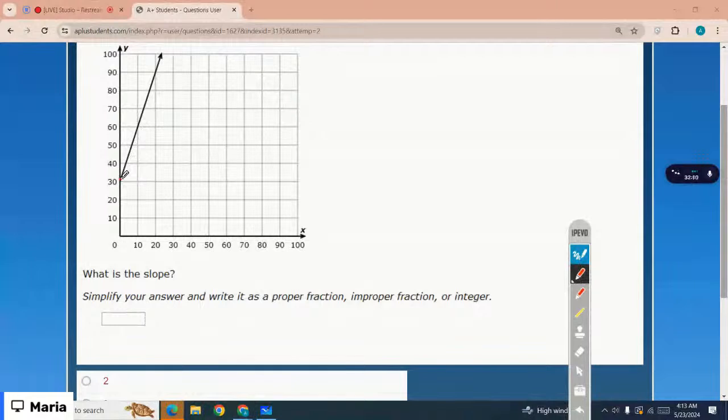Select any 2 points on the graph, this one and this one, right? Make a triangle of these points like this, right? So this is change in y, 1, 2, 3, 3 units, and this is change in x. So change in y divided by change in x, that means the slope is 3. The correct option is 3.